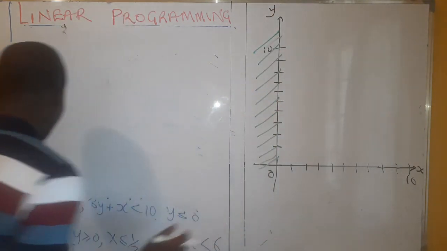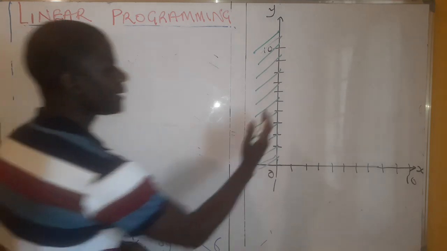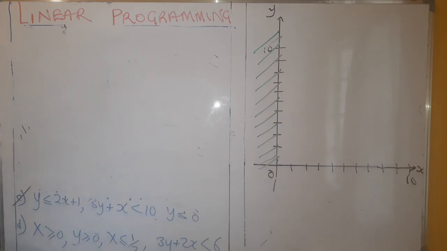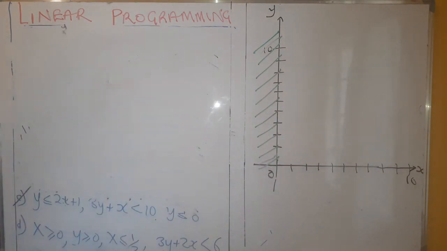So what are we shading? We want what? The greater part. We want this greater part, and we have shaded the unwanted region. Alright? So, then we come to the y part also. Let's come to the y part.